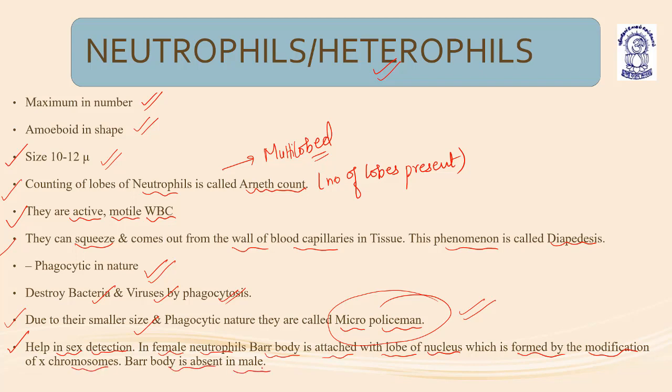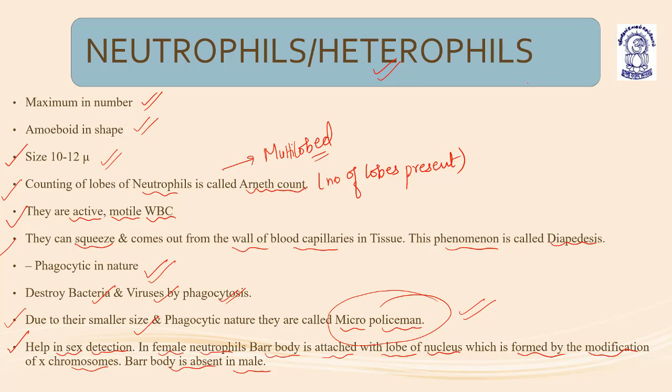So these bar bodies present in females can be a part of diagnosis of sexual determination. That is why it is written that female neutrophils have bar body, but males don't have bar body. Understood? Bar body means one extra chromosome.